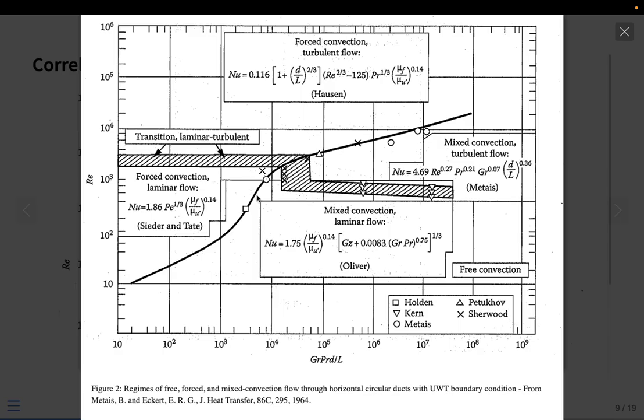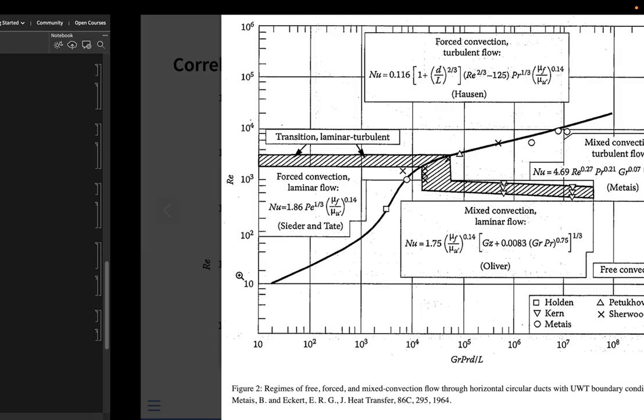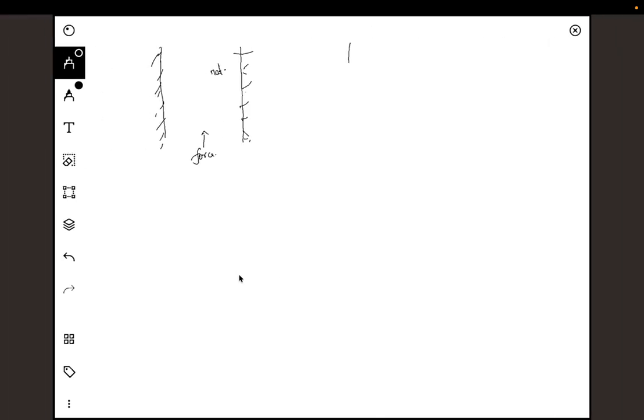You can refer to any standard textbooks or literature where the chart will indicate on one axis the Reynolds number, Grashof number, or they will also point you to Nusselt number versus the non-dimensional Richardson number. So if you were to imagine a plot of Richardson number versus Nusselt number, when Richardson number is very much less than 1, for example, if you are solving the duct flow, we know that the Nusselt number in this case is, let's take a flat plate.